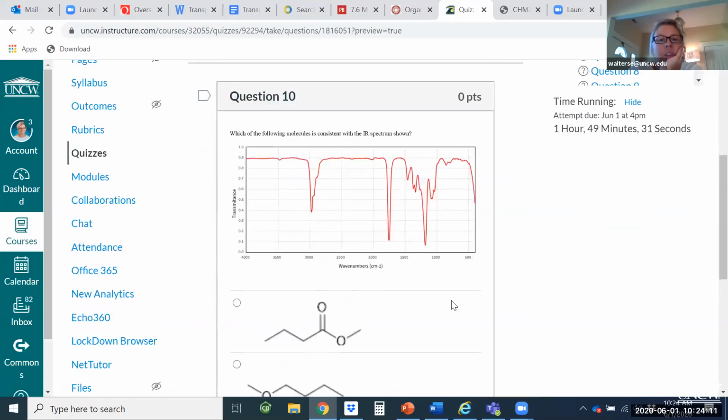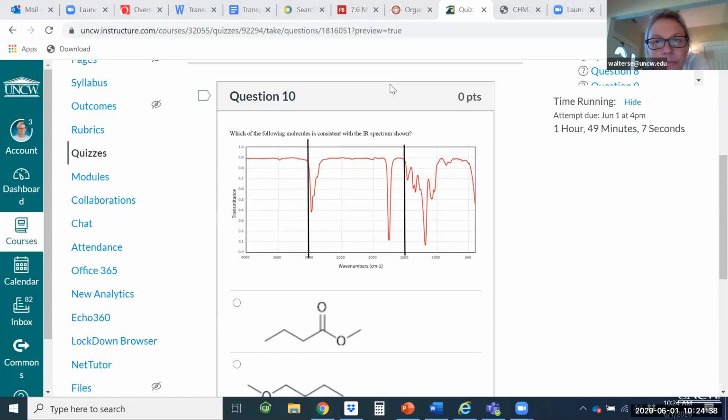Okay. All right, so which of the following molecules is consistent? Okay, so it's harder on this screen. I mean, I can annotate, but I don't know if you can while you're doing the exam. But so 1,500 and 3,000.